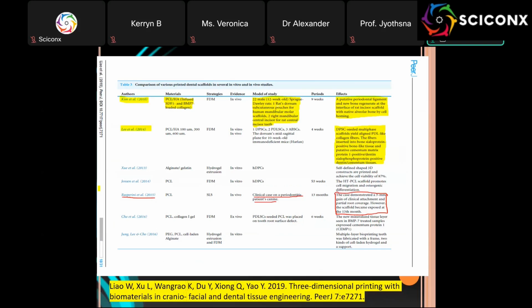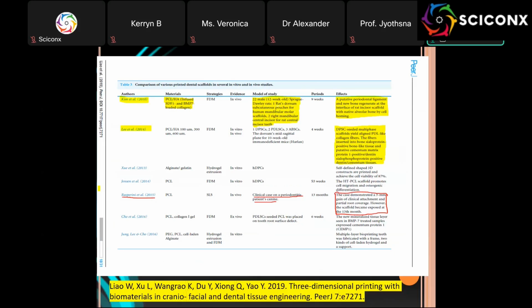But the case demonstrated a 3 millimeter gain in clinical attachment level. So clinical attachment was regained after the case was treated with this SLSA technique, and the material they used is PCL, a special material for 3 dimensional printing. So this was the case. The first clinical case was treated in 2015.